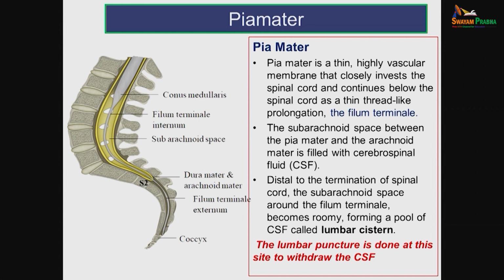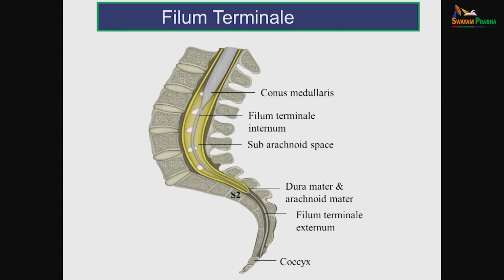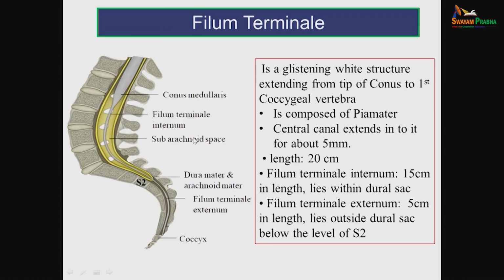So, having talked about the pia mater, we will discuss some more details about the filum terminale, which you can see in this picture. As I already mentioned, filum terminale is a glistening white structure.